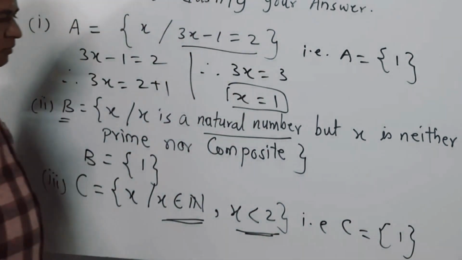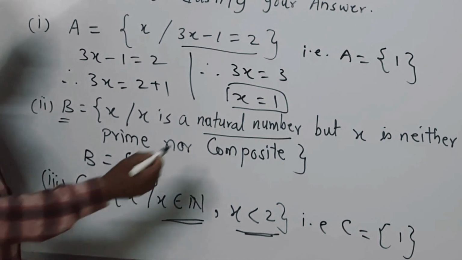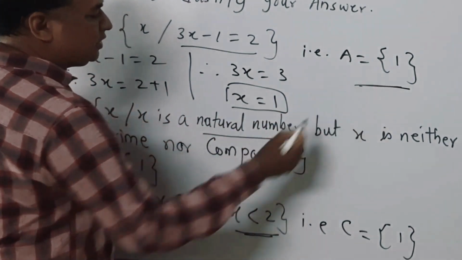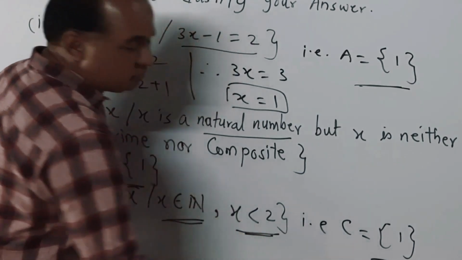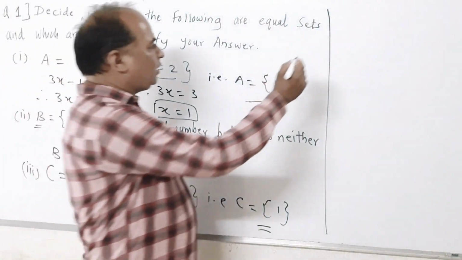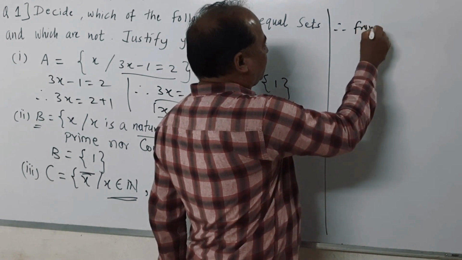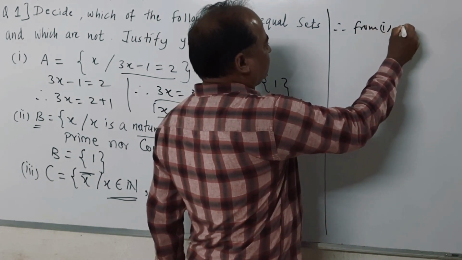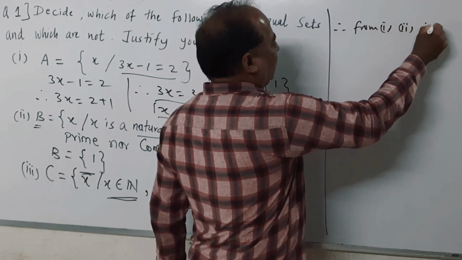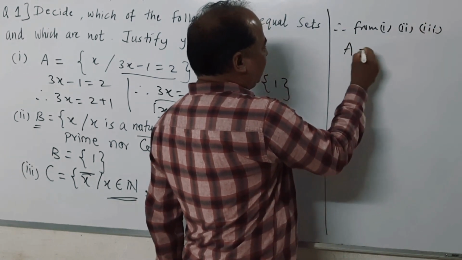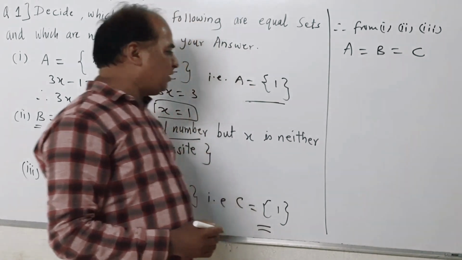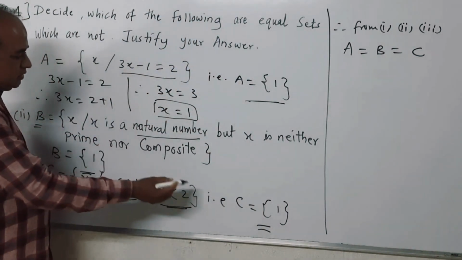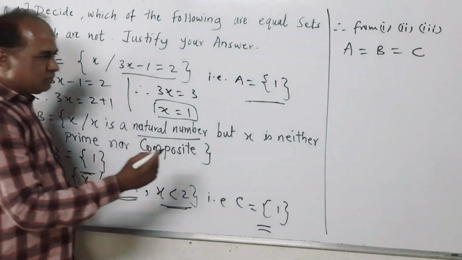So now from 1, 2 and 3, here set A, that is singleton 1, B also 1 and C also 1. So from the first, second and third example, A is equal to B is equal to C, since the element in all three sets is the same, that is 1.